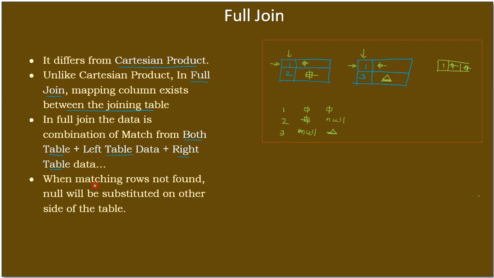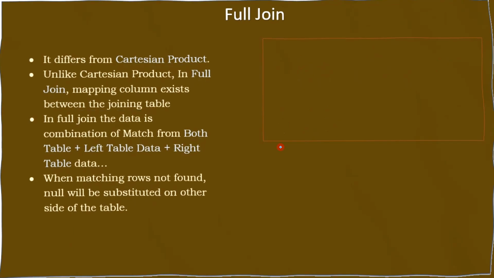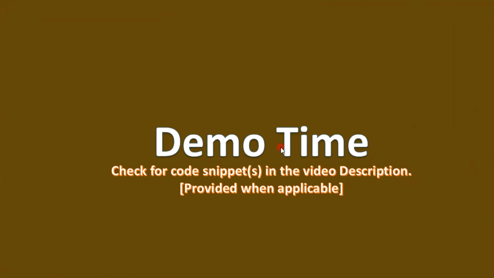So when a matching row is not found, null will be substituted on the other side of the table. Null will be substituted on the other side means it can be the left or right side table. So when we go to the demo, at that time you will clearly understand it.